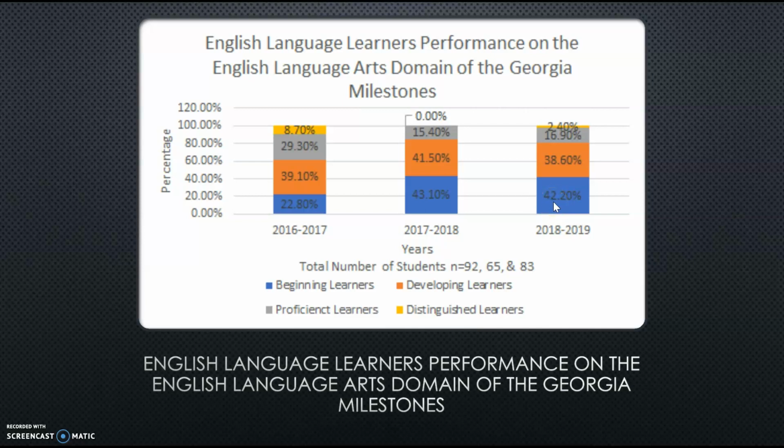This is over a 20% increase in just a matter of a year. This could be due to the curriculum switch for reading and writing to Lucy Calkins units of study. We will need to investigate what support and strategies our English language learners are receiving and how to adjust these to decrease the number of students scoring in the beginning and developing learners' levels.